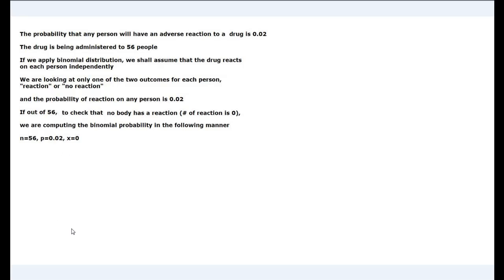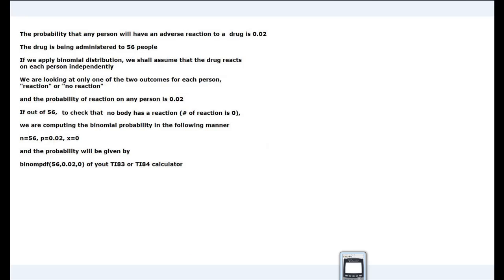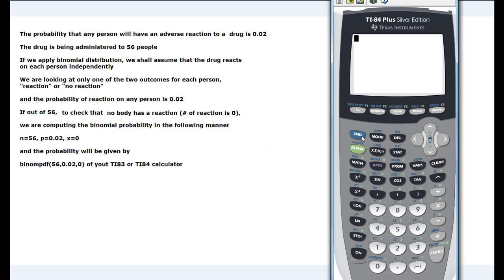So we will use our calculator and use the binomial PDF feature in the following manner. Go to second, distribution. We are looking for the binomial distribution for a particular value, 0. It's called the probability density function, so we choose binomial PDF.